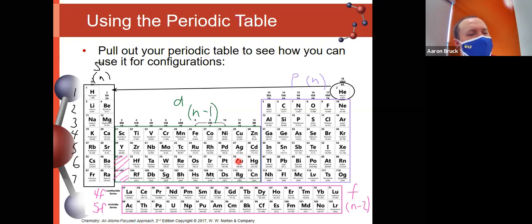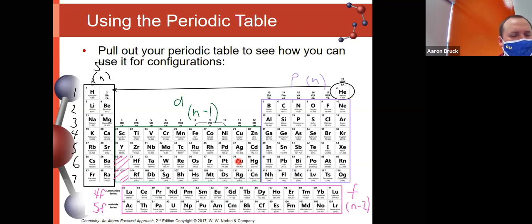Well, you can see there that on the way to gold, I'm going to have to go through this F block. And I'm just going to have to deal with the fact that there's a 4f14 in there because all of the F block is completely filled because we have to go through those elements to get to gold. That's the only thing we're going to work on from there.